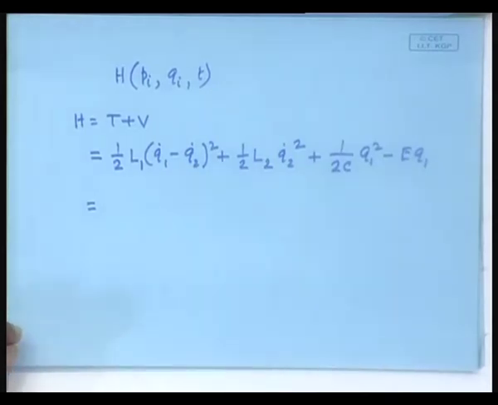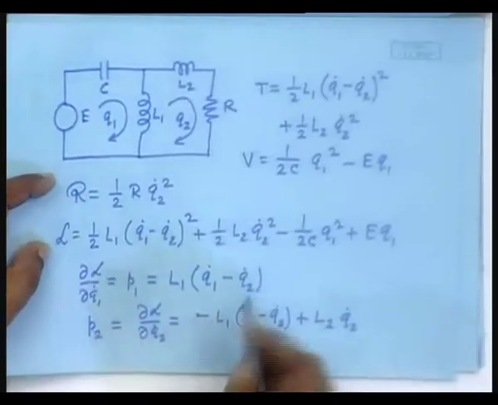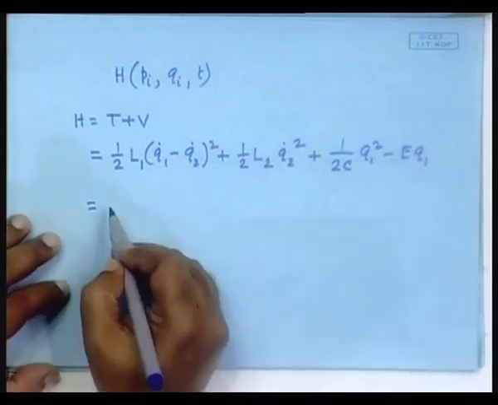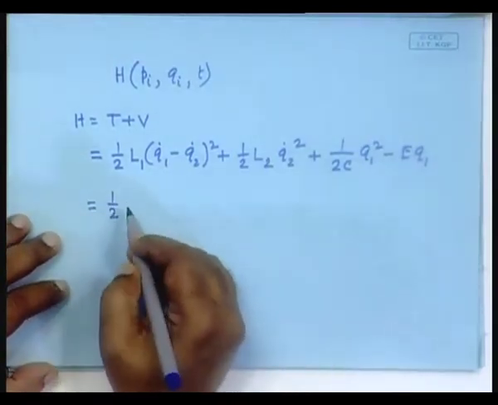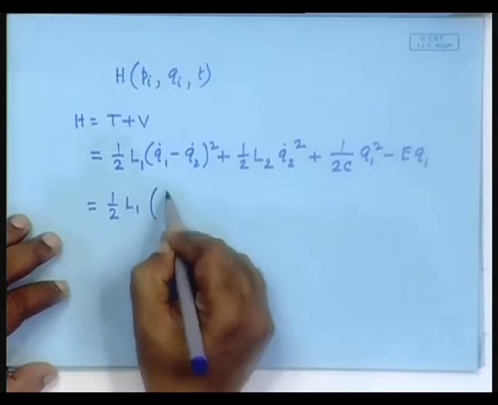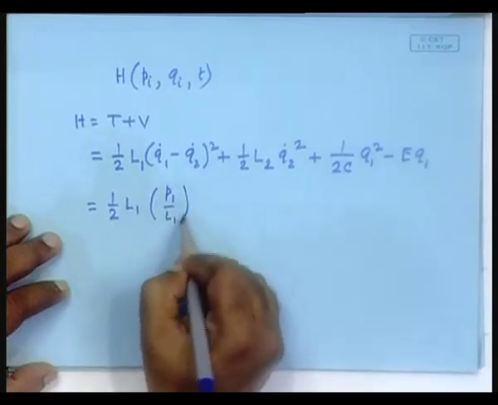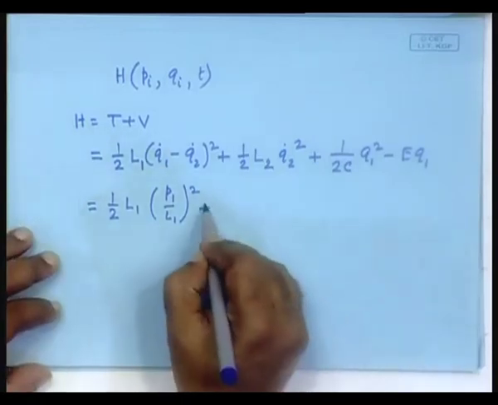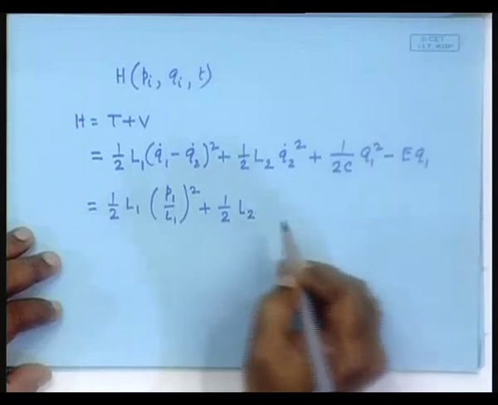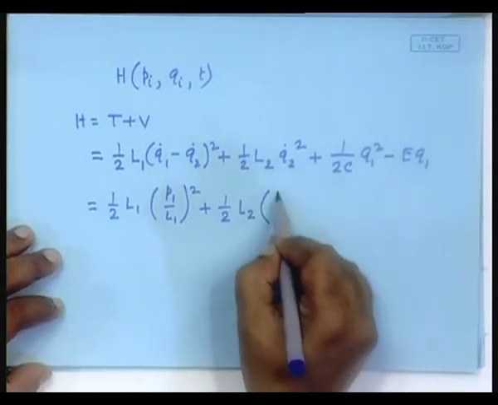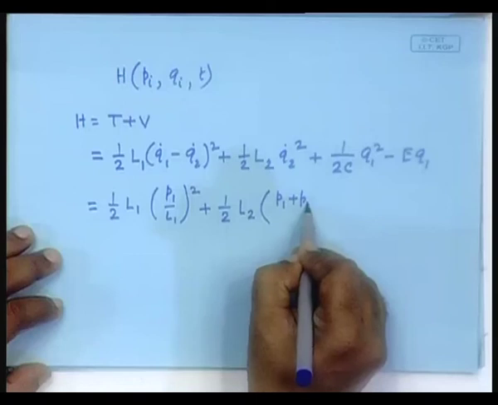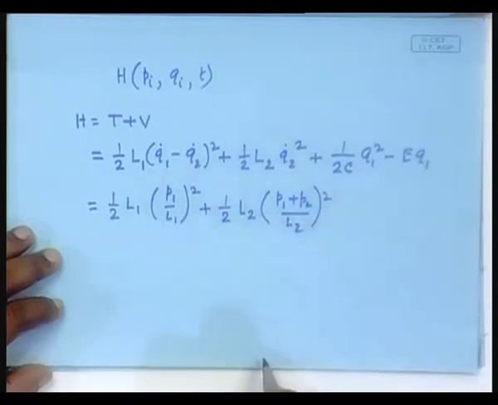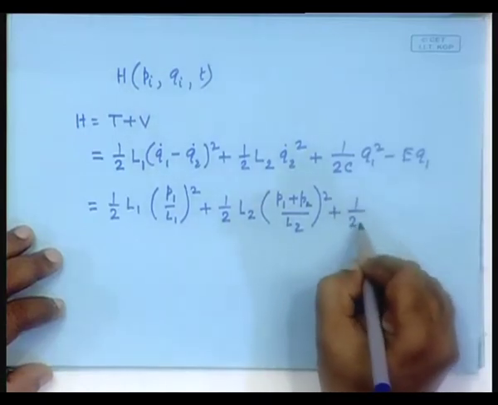This term is P1 by L1, so we can express half L1 (P1 by L1) square, plus half L2 (P1 plus P2 by L2) square, plus the rest remains the same.